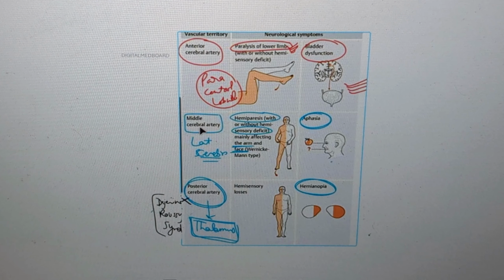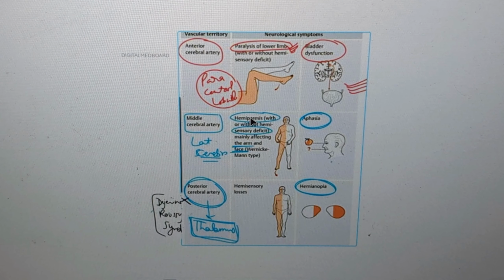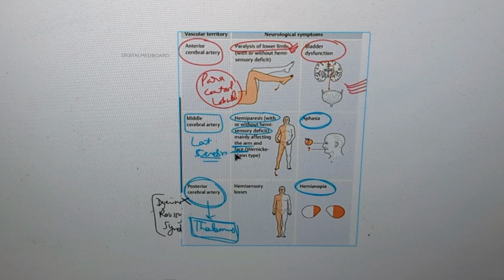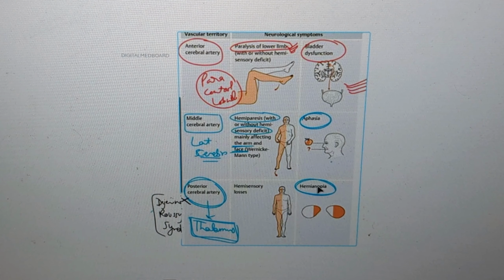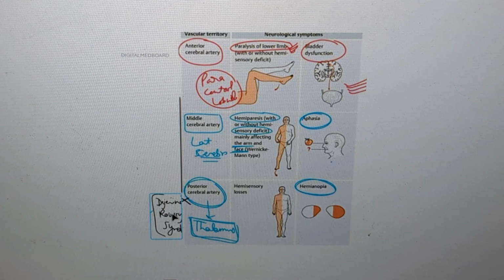Next, middle cerebral artery deficits cause partial paralysis with aphasia in the lateral cerebrum. And then posterior cerebral artery deficits cause hemisensory loss with hemianopia in the thalamus region, and also cause Dejerine-Roussy syndrome.